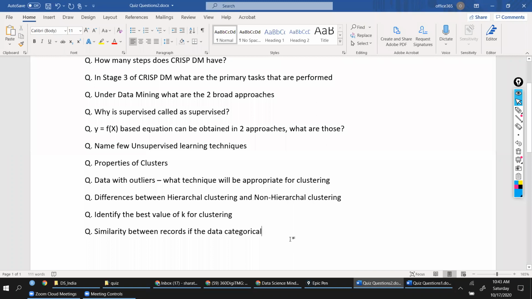If I have categorical data, then we assign value 0 for the distances when we have the similar categories for the records, or we put distance equal to 1 if the categories are different.